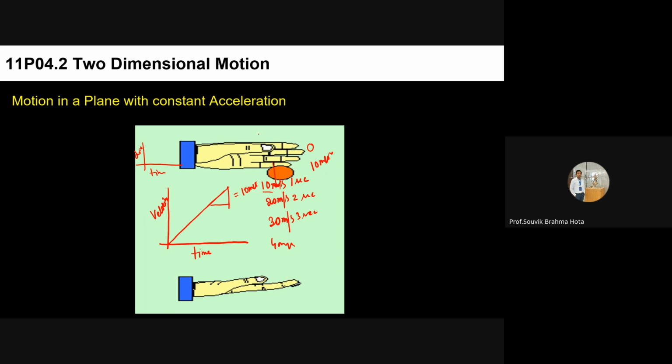So the displacement you can take as v square is equal to u square minus 2 g h. Now you need h. V is 10, because in 1 second it becomes 10. U was 0.